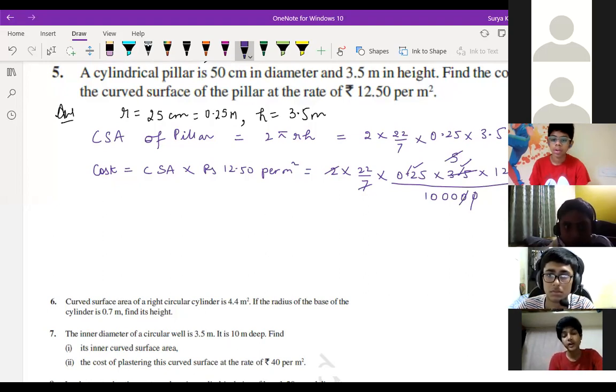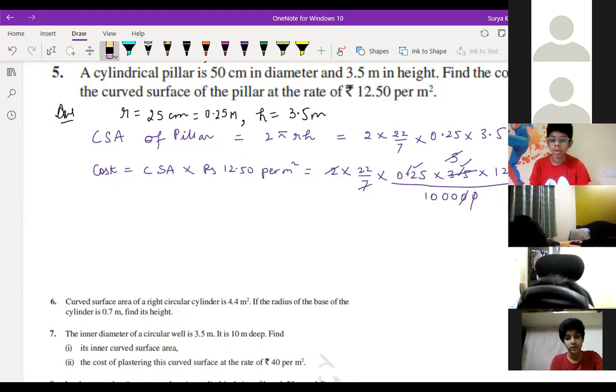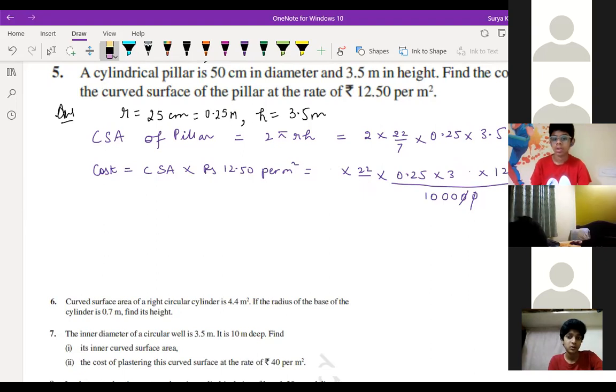Sir, you can write directly 11 by 2 into rupees 12.50. I can write directly? Huh? Yes, sir, instead of 2 into 22 by 7. Sir, 1 minute. 3.5. This is 22 by 7.